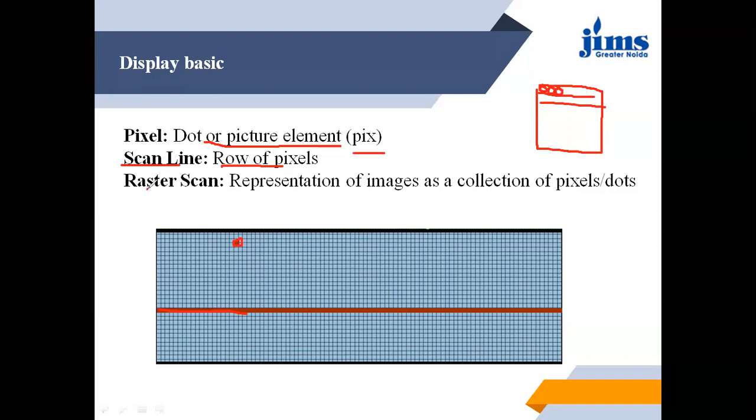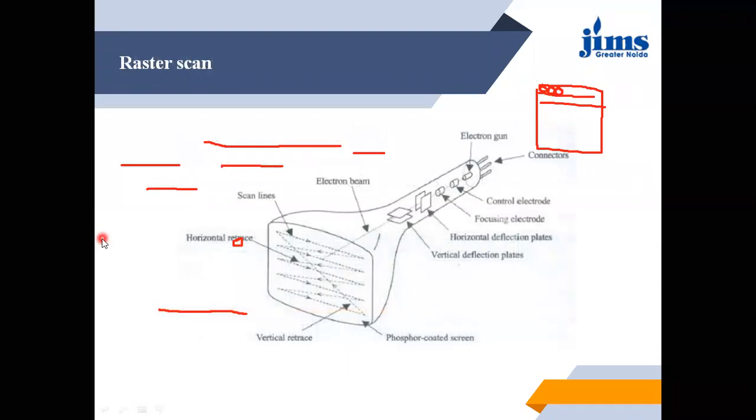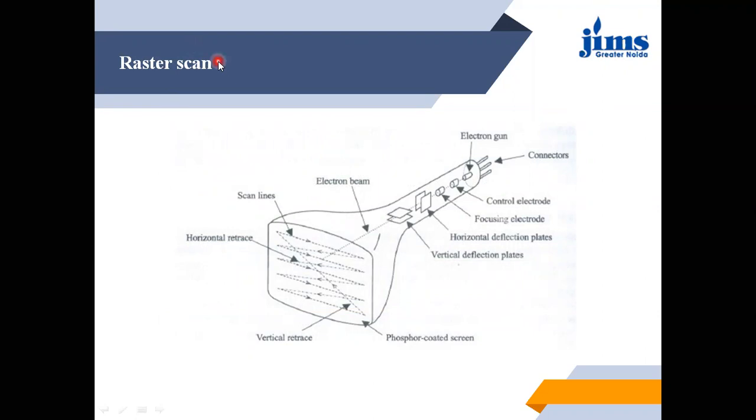Raster scan and random scan we will study in a moment. So let's come to the next slide. Yeah, raster scan. Let me clear it first. So we discussed the scan line.